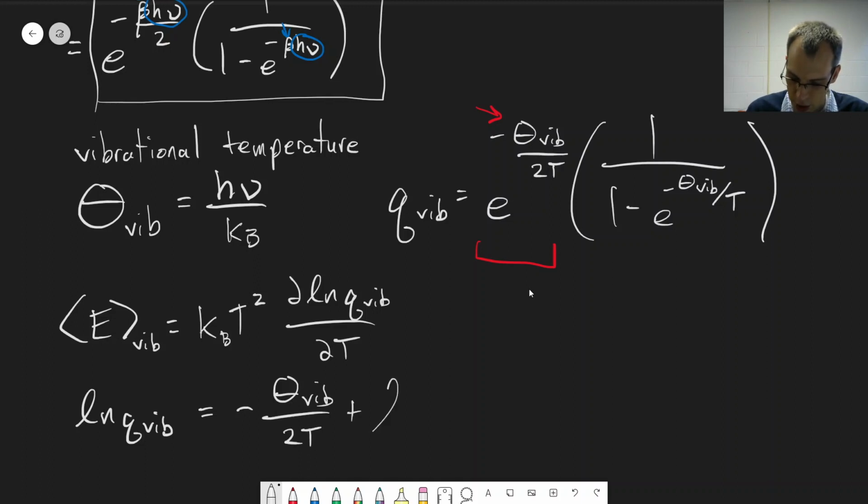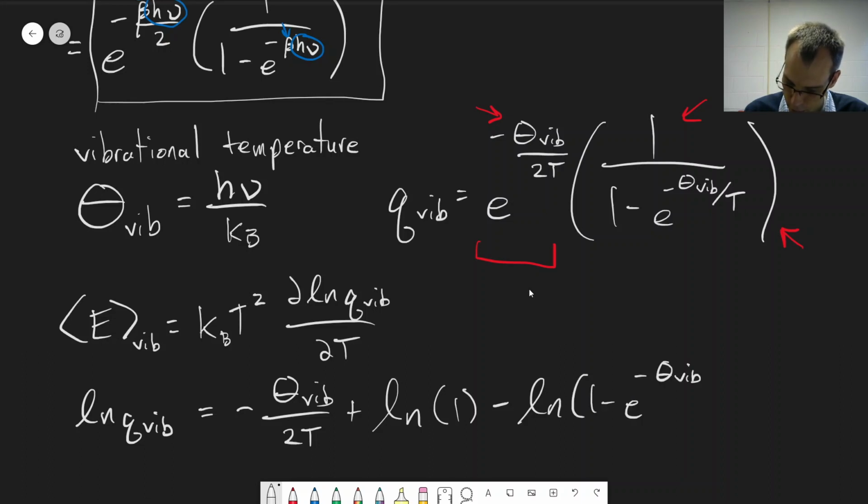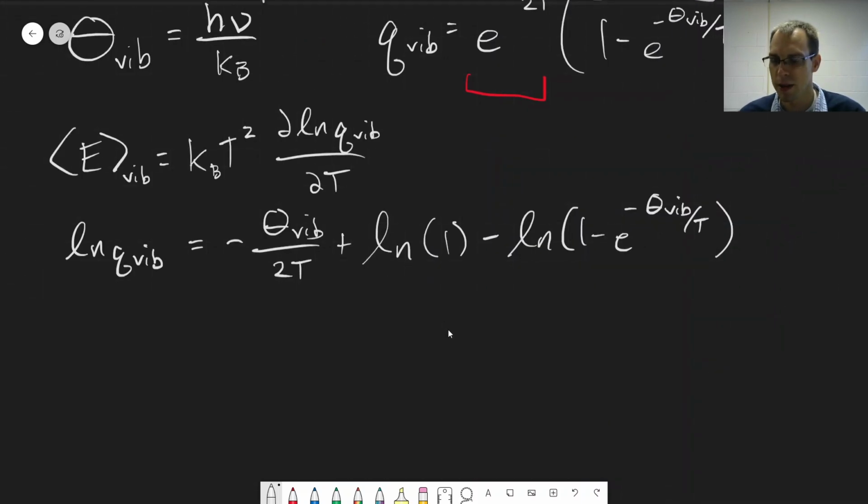Then we'll have a second term, plus the natural log of 1, that's our numerator of this fraction, and then what's in the denominator, minus the natural log of 1 minus e to the minus theta vib over T. All right, that was just separating things out.